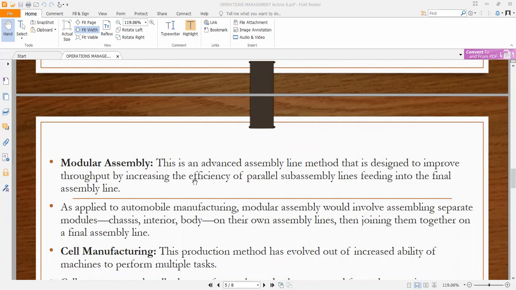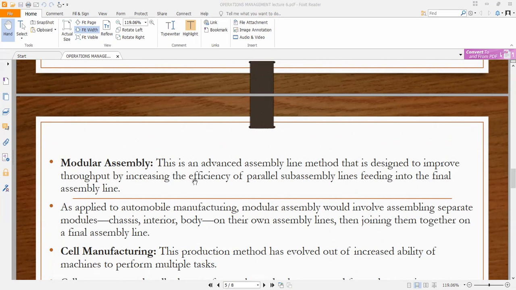This system is highly used in automobiles. What we are indicating here is vehicle manufacturing companies. So you'll find that the chassis is developed by somebody else, the interior is developed by somebody else, the body is developed by somebody else.